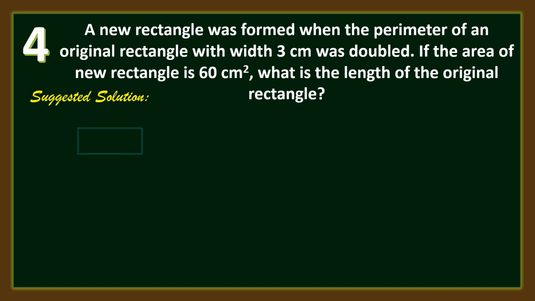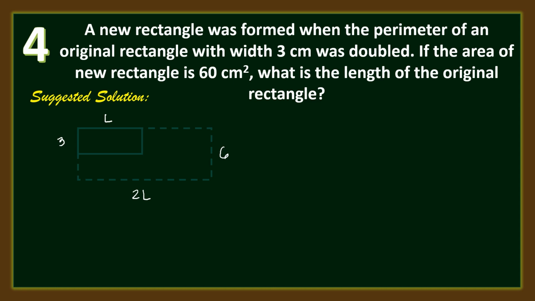Let L be the length of the original rectangle, and we know that the width is 3 centimeters. If the perimeter of this rectangle is doubled, then the width will be 6 centimeters and the length will be twice the original length.